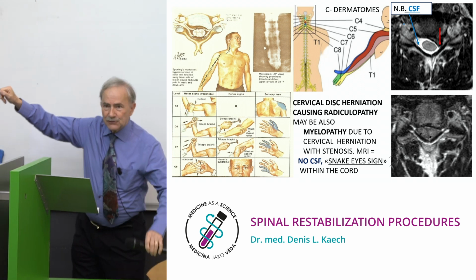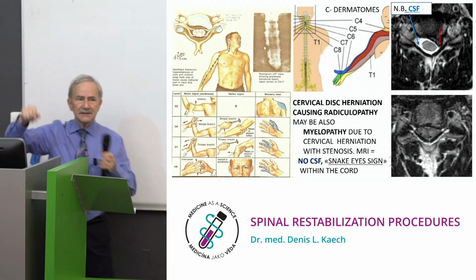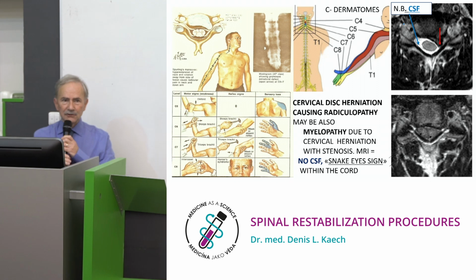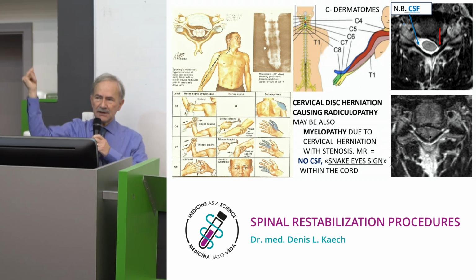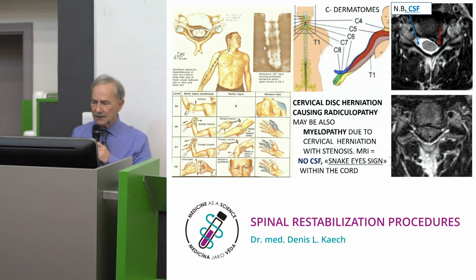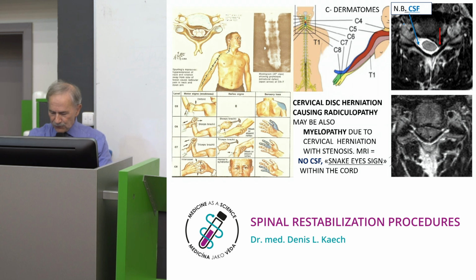C8, innervation also for squeezing the hands. That's the important thing to know. C5, C6, C7, C8, that the tetraplegic cannot squeeze hands. For the examination, for you, it may be relevant.